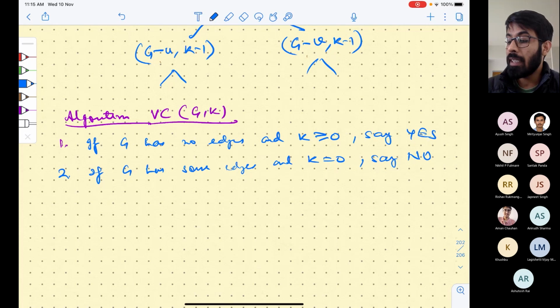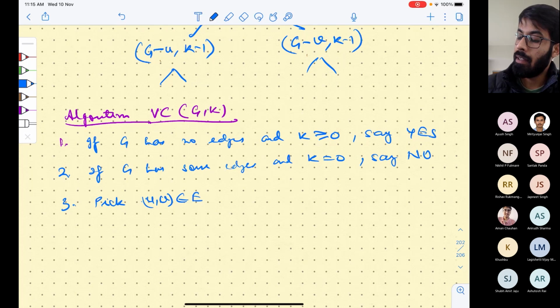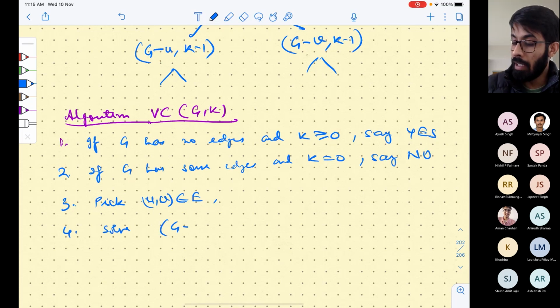Now, otherwise G has some edges and k is not 0, right? k is greater than 0. So now, this is the else part, just pick uv in E, right? And solve G minus u comma k minus 1, and G minus v comma k minus 1.